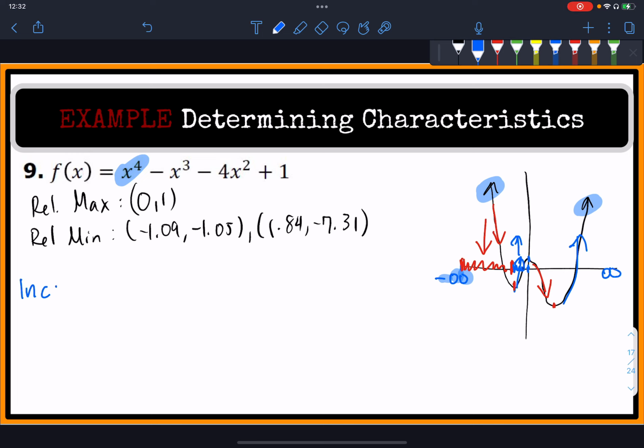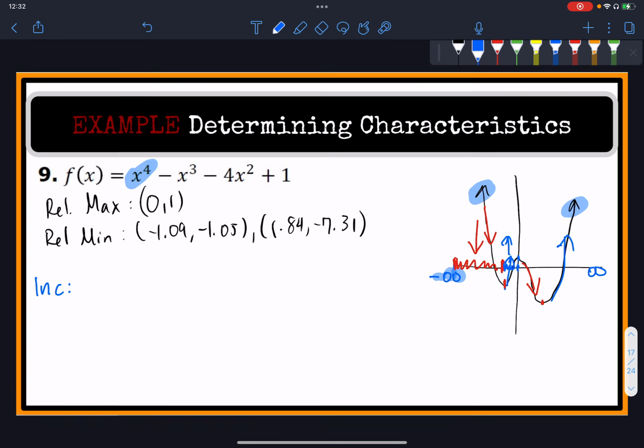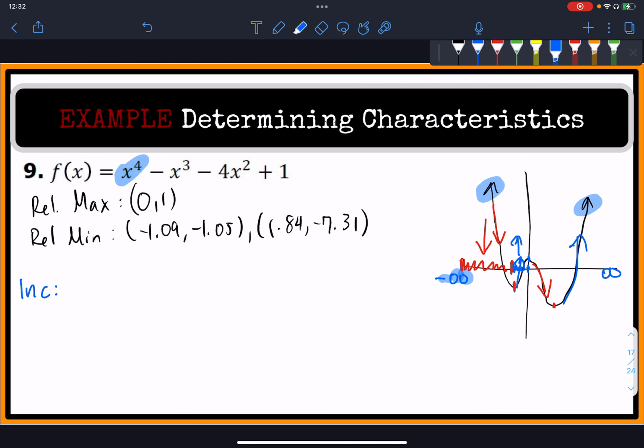So we are increasing in these two sections. We're increasing in this section and in this section in blue. The x value down here is at negative 1.09, and the x value up here is 1.